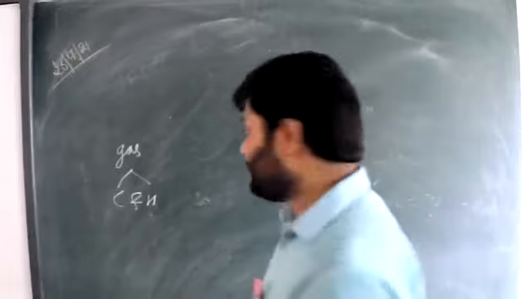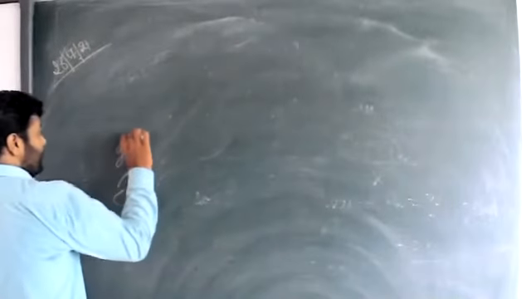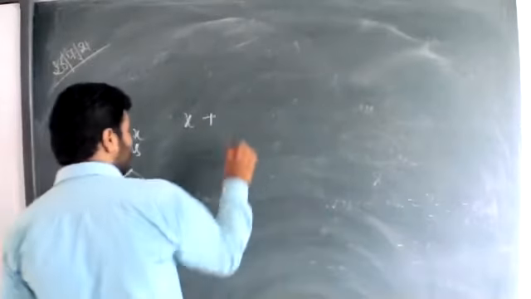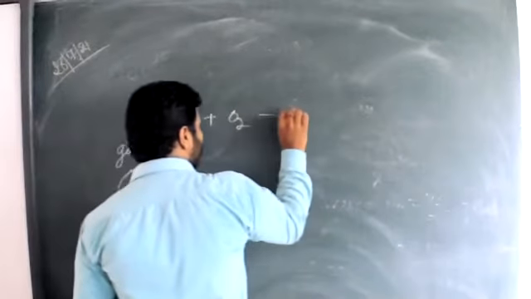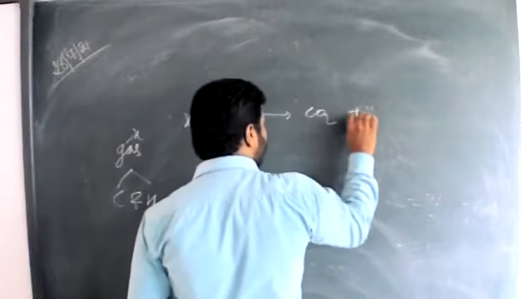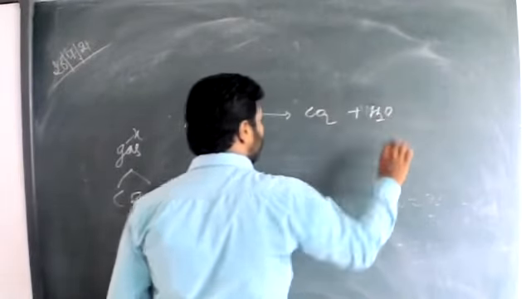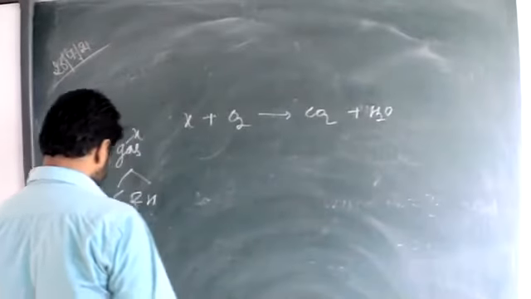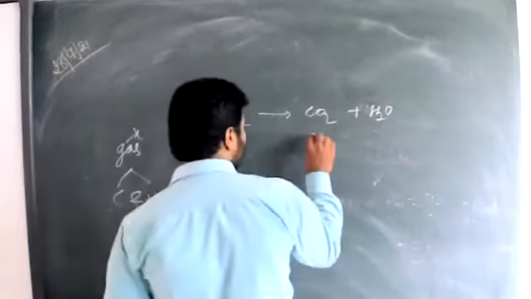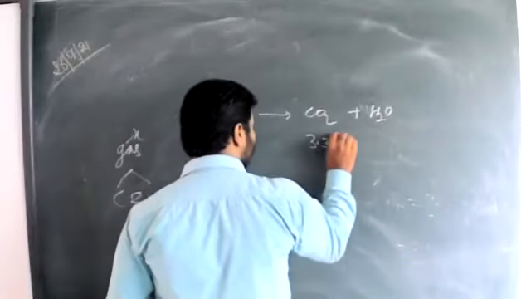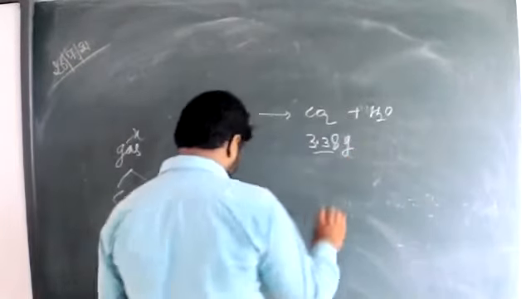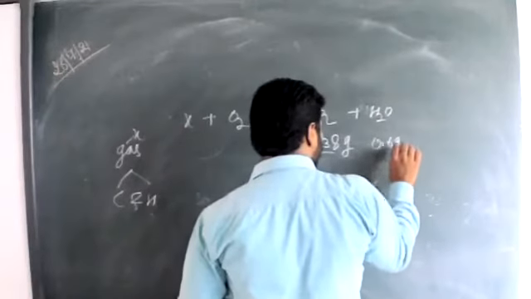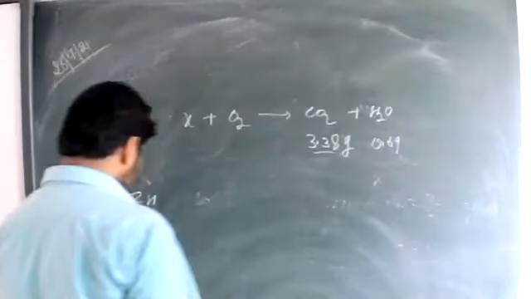So burning a small sample, suppose the gas is X, it reacts with oxygen to produce CO2 and water: 3.38 gram carbon dioxide, 0.69 gram water, and no other product.